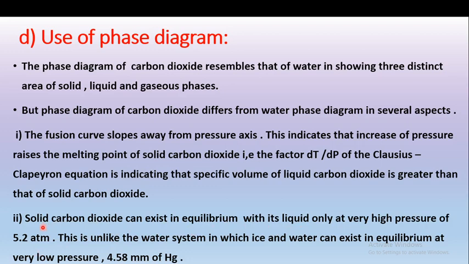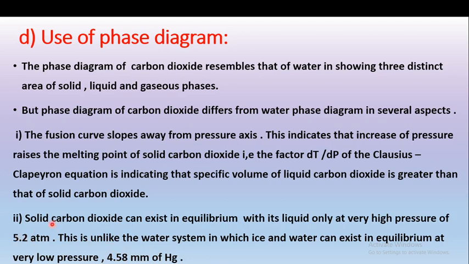Second aspect is solid carbon dioxide can exist in equilibrium with its liquid only at very high pressure. We have studied the triple point, where solid is in equilibrium with the liquid, and it exists at a very high pressure, because 5.2 atmosphere is a very high pressure. This is unlike the water system, in which ice and water can exist in equilibrium at very low pressure. In the water system, ice and water are in equilibrium at a pressure of only 4.58 mm of Hg.